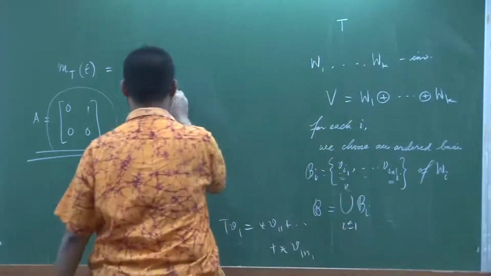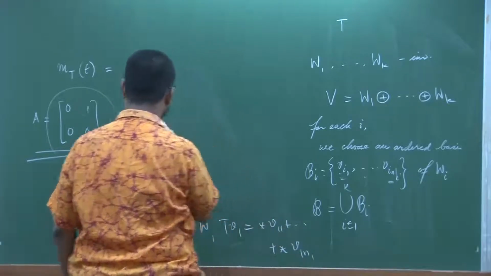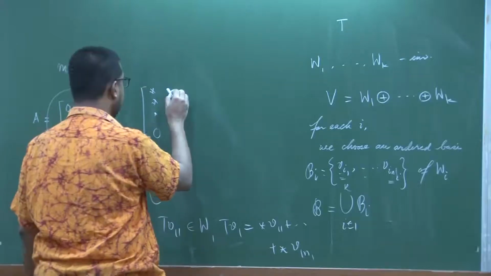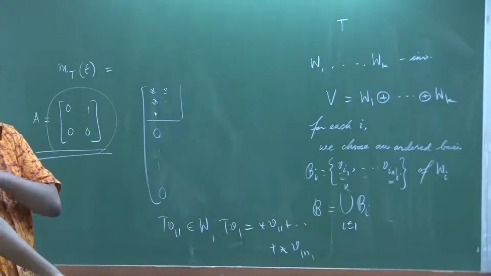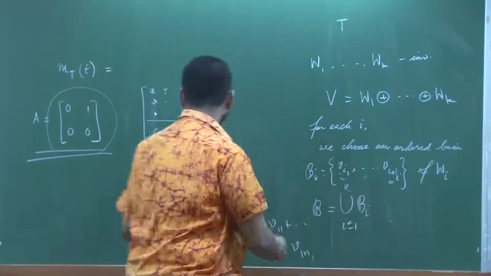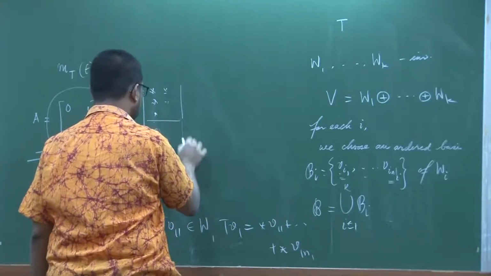So in the first column only the first n1 coefficients can be non-zero, the rest have to be 0. Similarly, for T V12, only the first n1 coefficients are allowed to be non-zero, at most; the rest will be 0. So the first n1 columns will look like this.